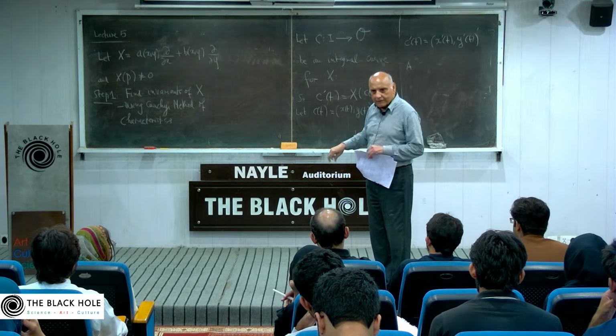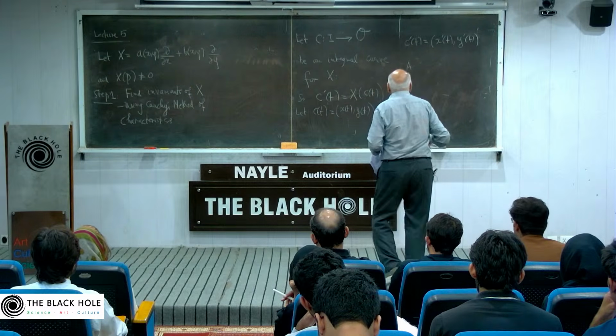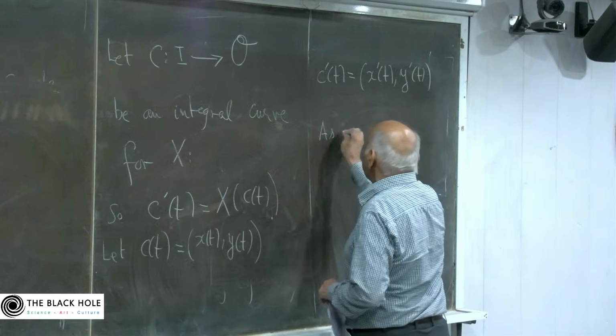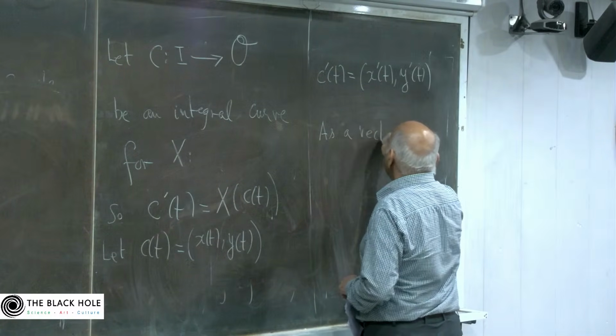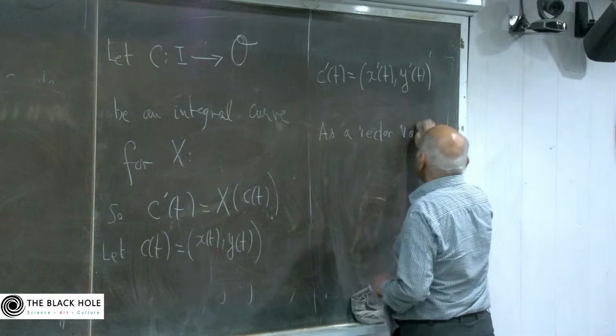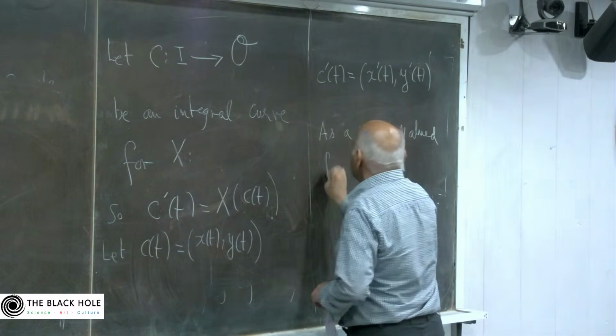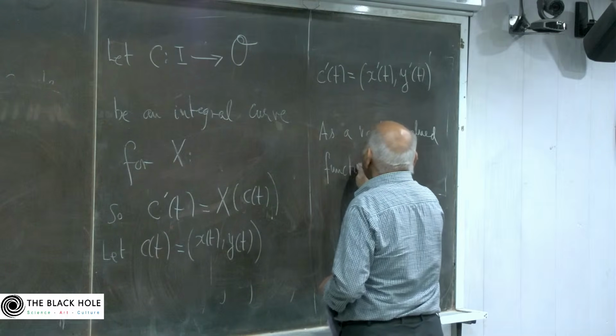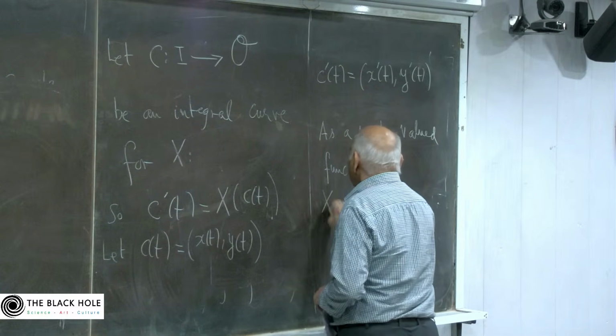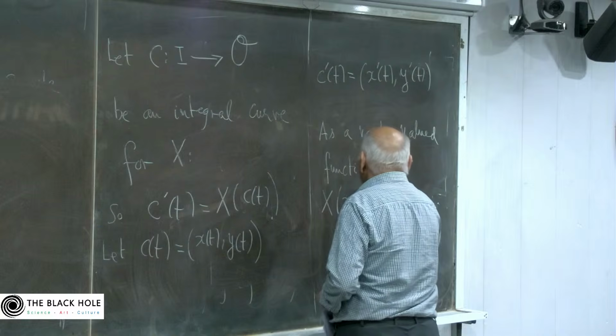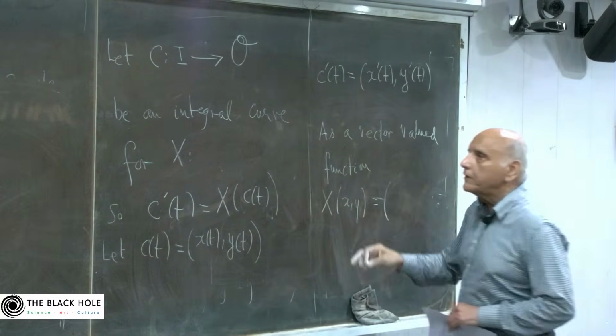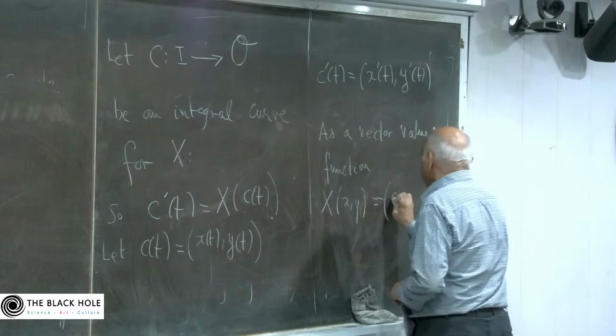That's what we did, right? So as a vector valued function, X at a point x, y has components a of x, y and b of x, y.